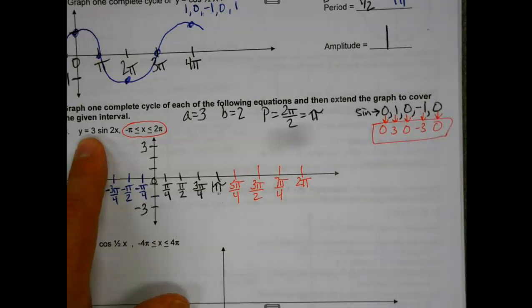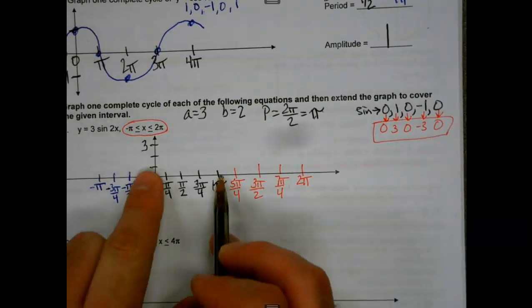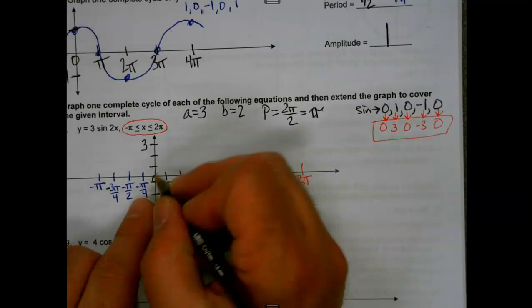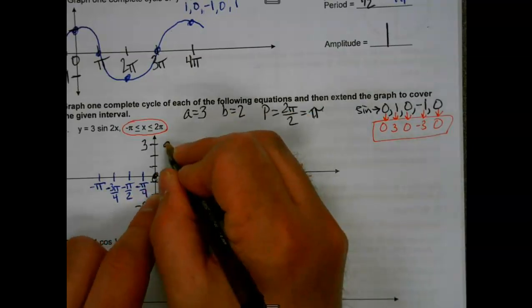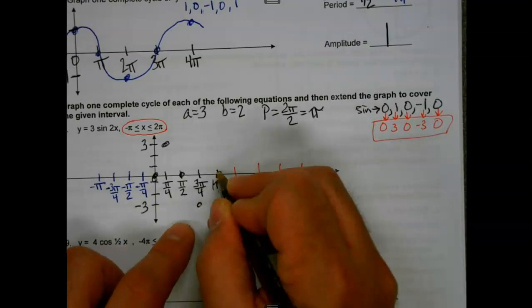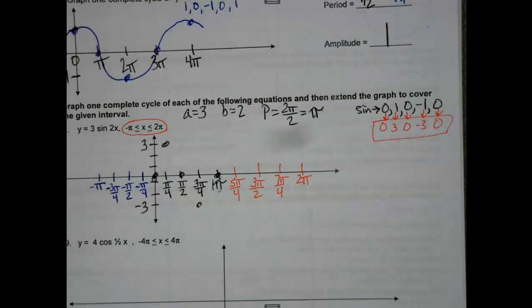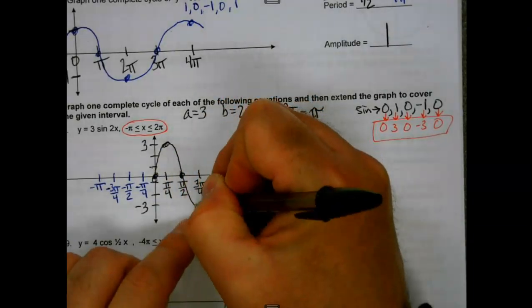So there are your original 5 points to plot between 0 and pi: 0, 3, 0, negative 3, 0. And just one other point as we get this first one drawn in.